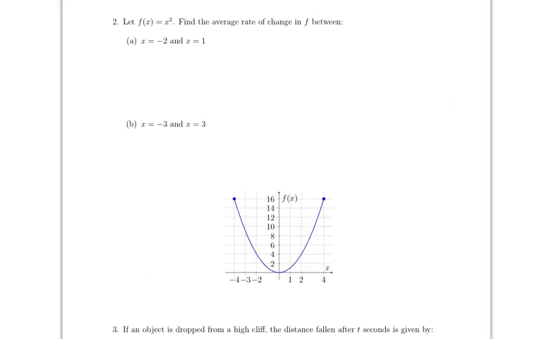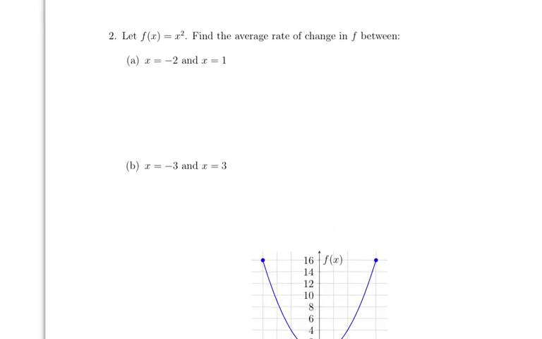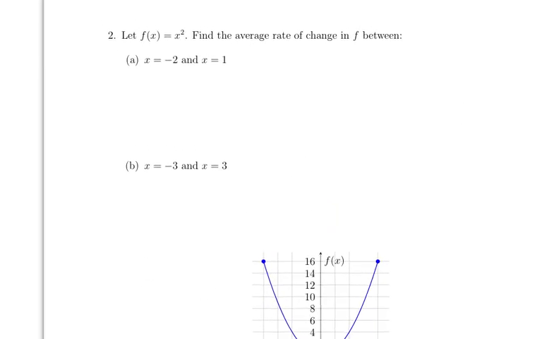Okay, so here, now the question is asking you to find the whole thing, the slope. It says find the average rate of change. So whatever you decide to do, and by that I mean this, if you say f of 1 minus f of minus 2, then on the bottom you have to also have 1 minus minus 2. And if you do f of minus 2 minus f of 1, you have to do minus 2 minus 1.